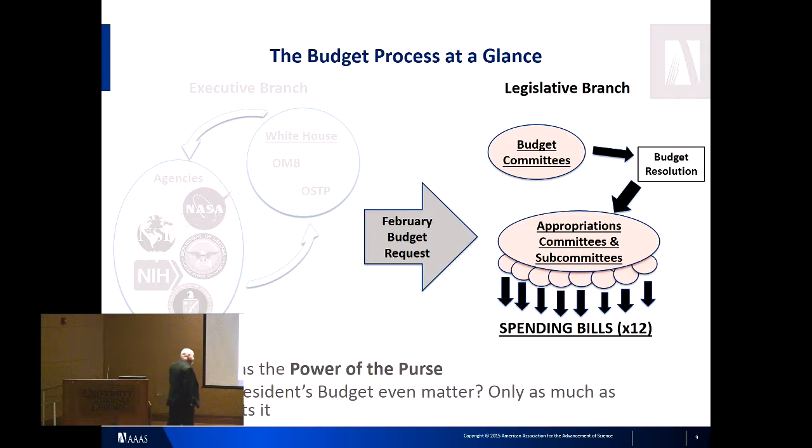What does matter, though, and the way a president's budget does matter in this process, is not so much in overall spending levels, but in concrete or substantive program proposals or changes. And by that I mean, for example, go back to the Obama era. President Obama always sought major increases in low-carbon energy technology. Rarely, if ever, got them.